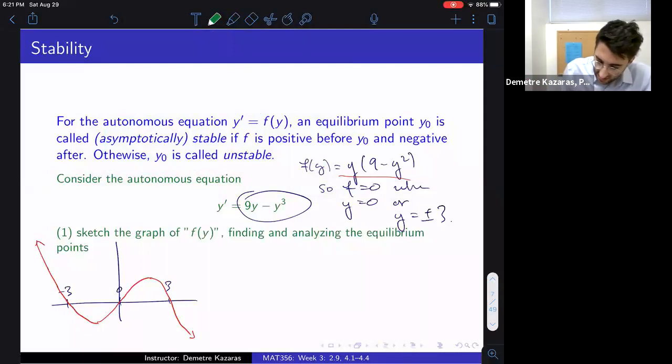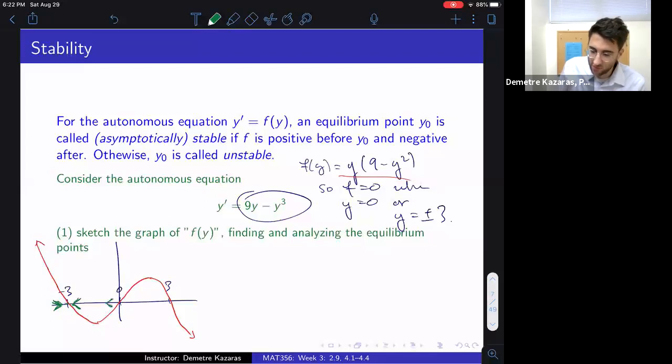The derivative of the solution, which is y, and the derivative of that thing is f of y. Anyway, let's take a look at this equilibrium here at -3. f is positive before it, so that means that solutions want to increase into that -3. Afterwards, f is negative, so solutions that have values above -3 want to decrease. So they want to go towards that -3.